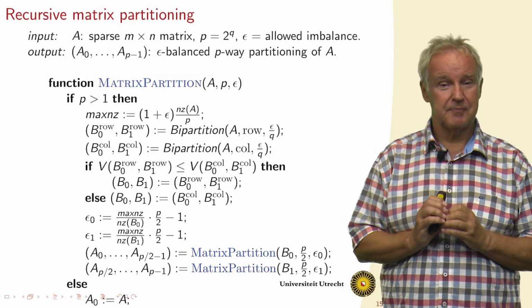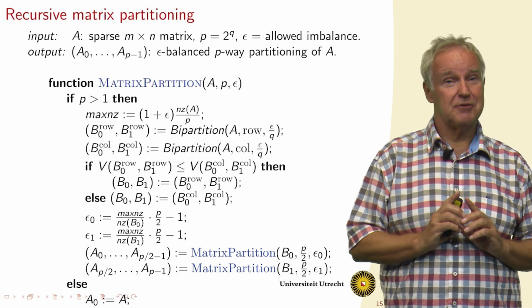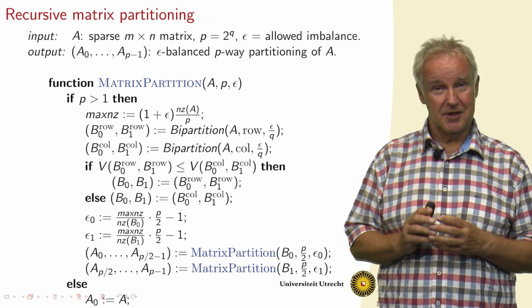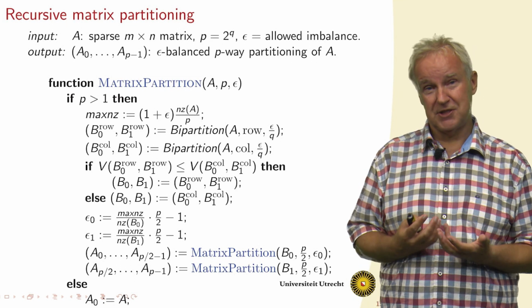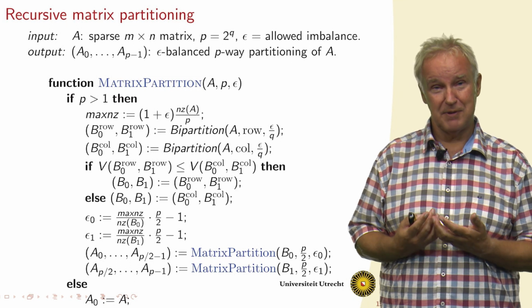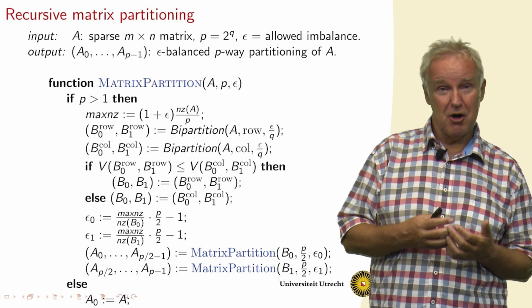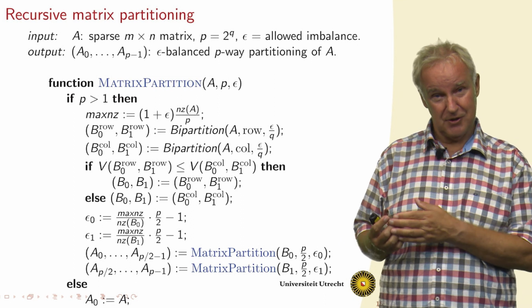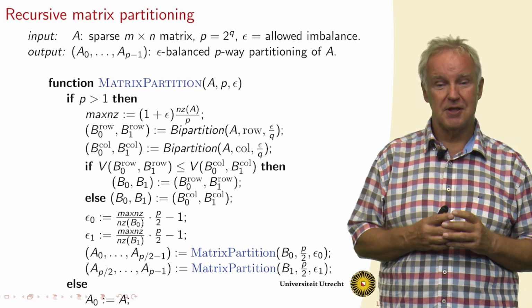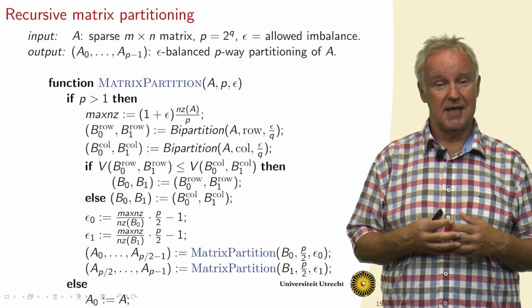If the communication volume of these B matrices, which are the output of the bipartitioning, is lower for row than for the column, then we choose those, B0 and B1, as the outputs.